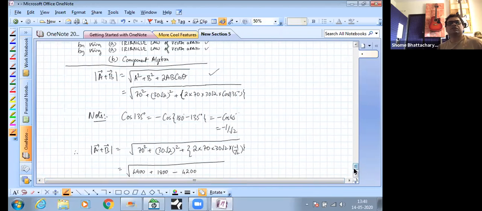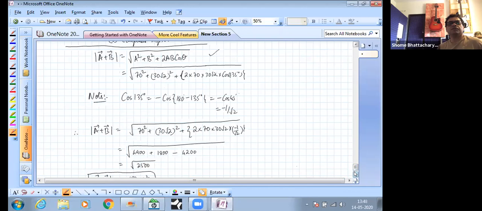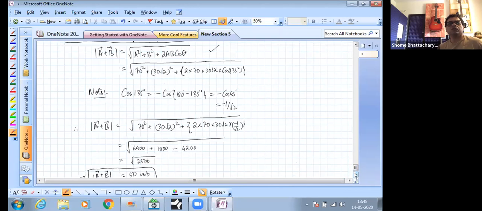Yeah, 40 would have given us something different. Okay, but that's why I modified it to 70 so that we get a whole number. Anyway, more important is the method of solving, which is this. So basically here we are substituting magnitude of A as 70, magnitude of B as 30 root 2 and the angle between them as 135. So that's what we substitute.